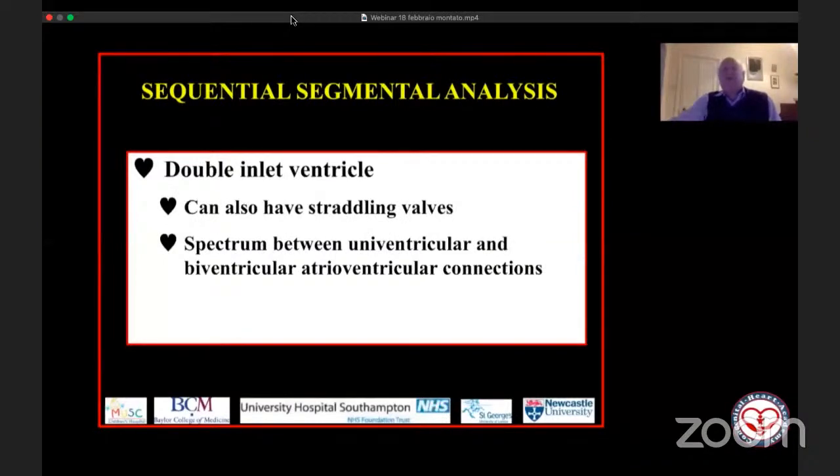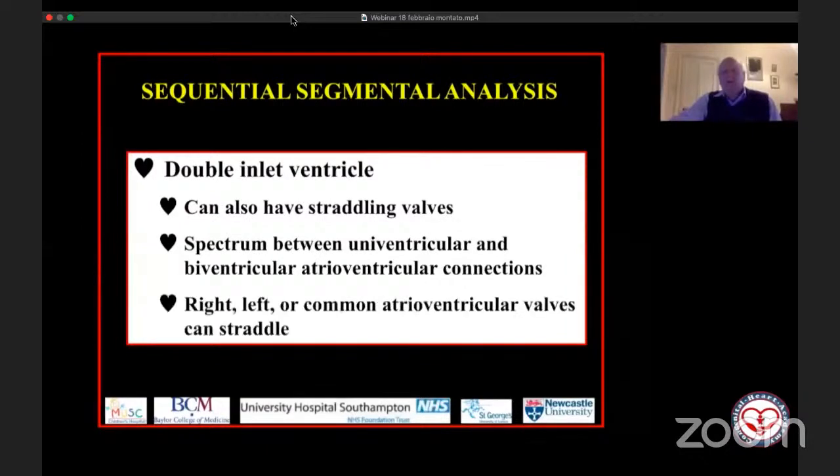And then we have a spectrum between univentricular and biventricular connections, and we arbitrate that spectrum by determining the proportions of the straddling valve that are committed to the complete or the incomplete ventricle. And we should remember either a right valve, a left valve, or a common valve can straddle.